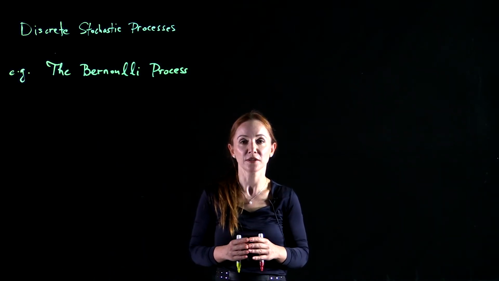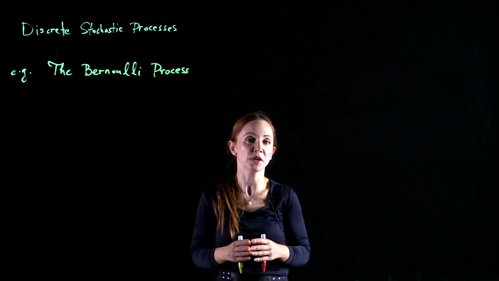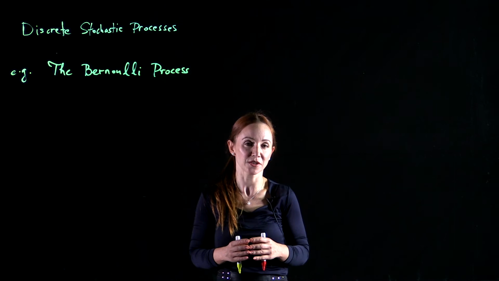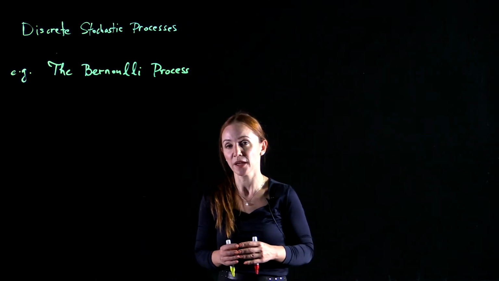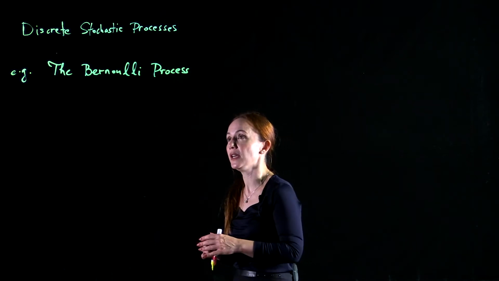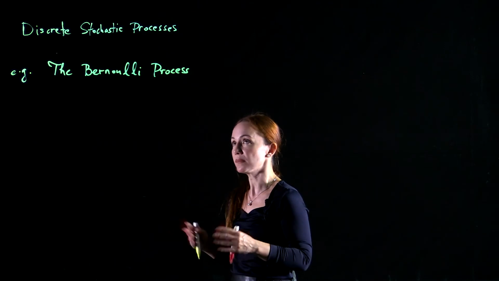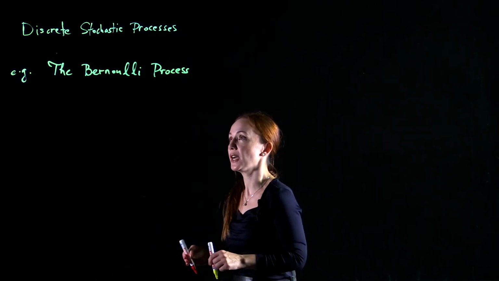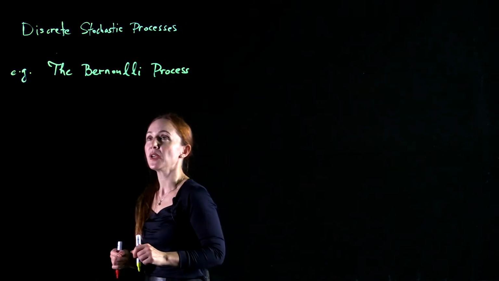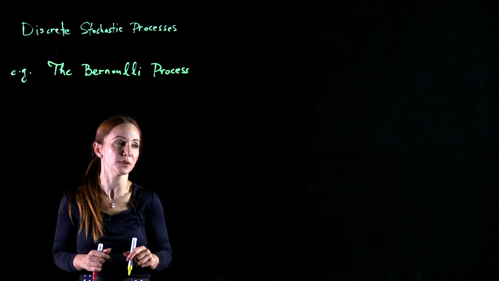We often call these arrivals, and it will become clearer when we study some specific discrete stochastic processes, beginning with the Bernoulli process. The Bernoulli process is the simplest and essentially the most useful discrete stochastic process, and it is essentially characterized by a collection of IID Bernoulli random variables.